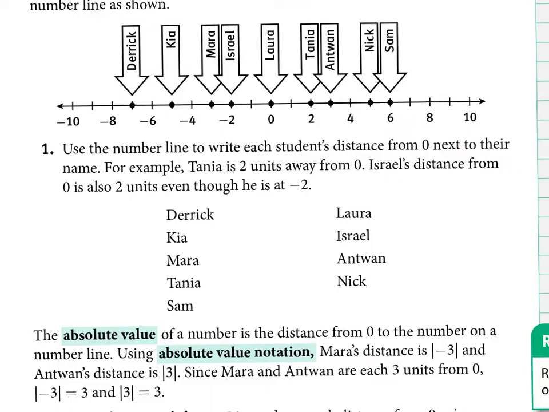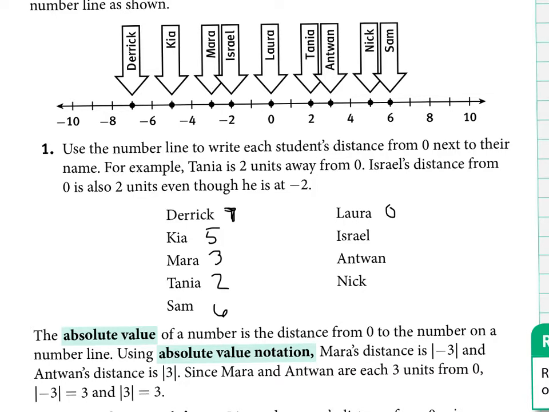Okay, you should have gotten Derek is 7 units away from 0. Kia is 5 units away from 0. Mara is 3 units away from 0. Tanya is 2 units away from 0. Sam is 6 units from 0. And Laura is 0 units.